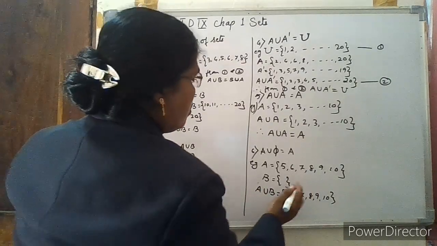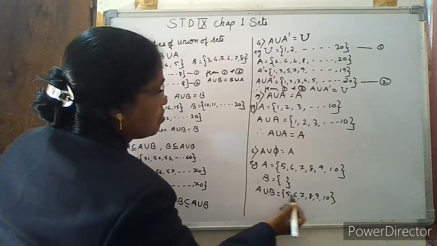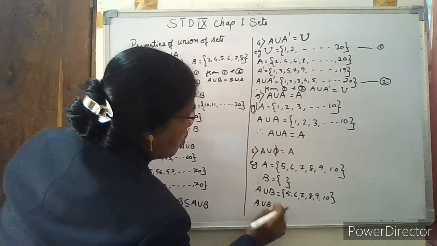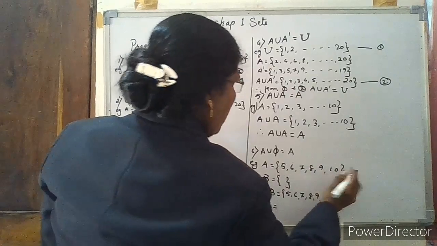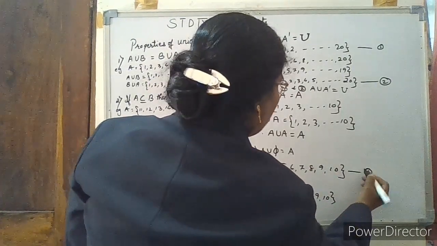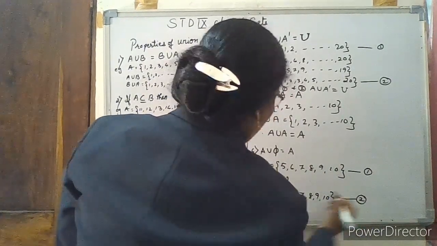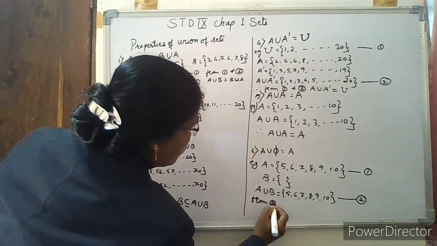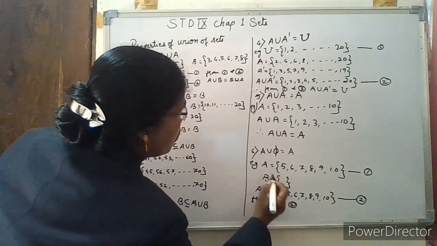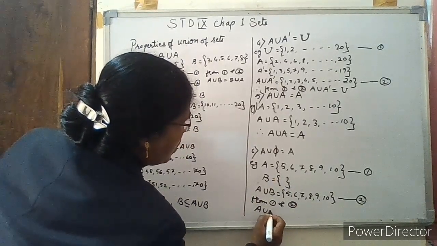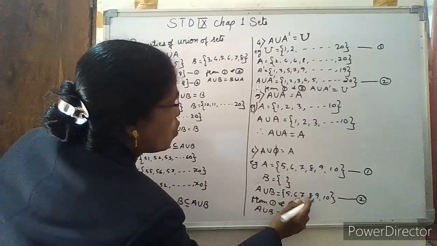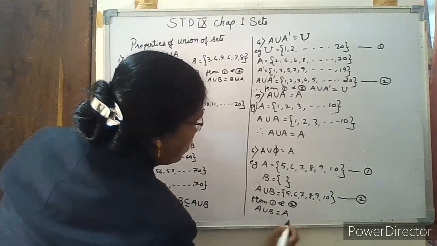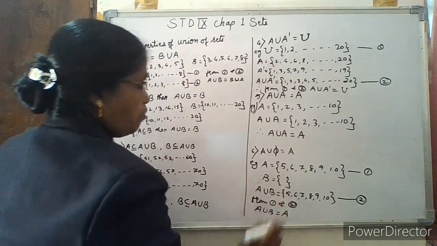So it is understood that A union B, I have got, see, set A, 5 to 10. This is point 1, and you take this as point 2. From points 1 and 2 it is understood that A union B is equal to set A, but set B is an empty set.